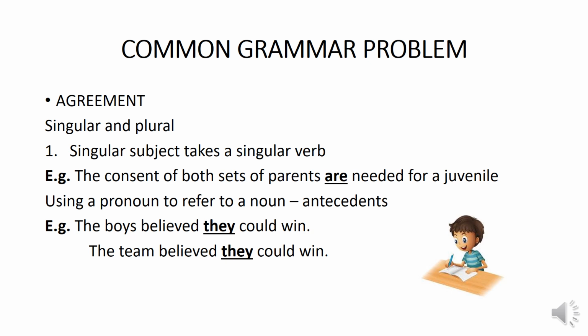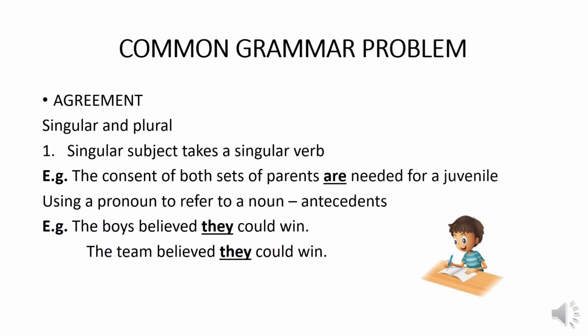Using a pronoun to refer to a noun is referred to as antecedents. So when we say the boys believed they could win, the team believed they could win. So these are some of the common grammar problems. When you say a team, it is singular, definitely not plural.